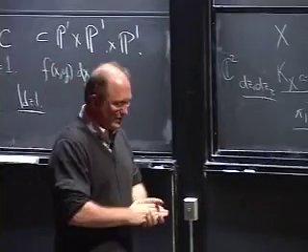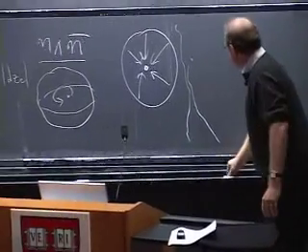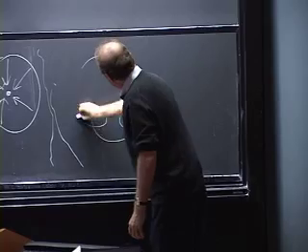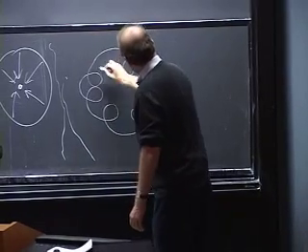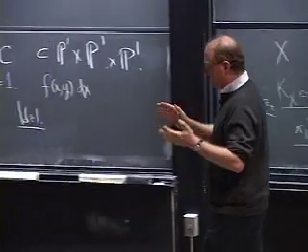Then there was a resurgence of activity in the work of Coble in the 1930s. Coble was the first person to go beyond the finite Coxeter groups.